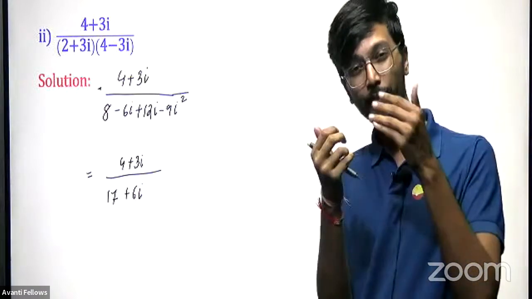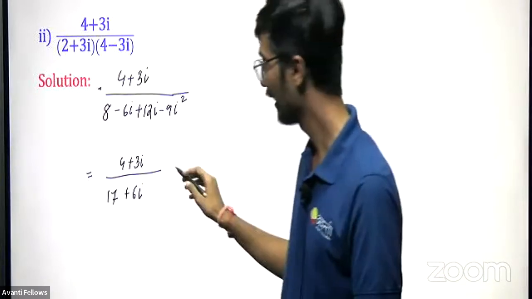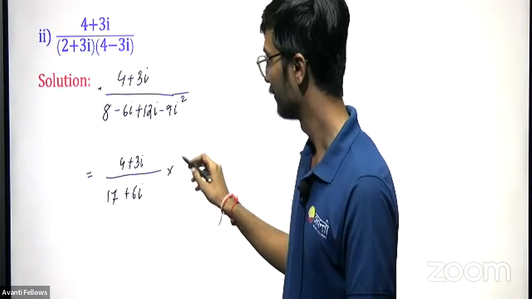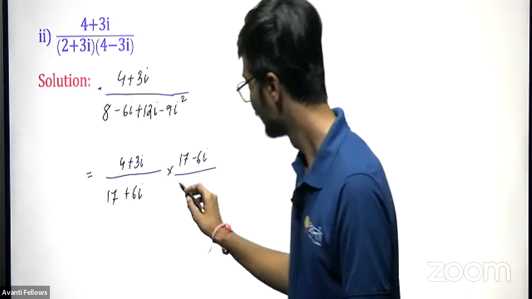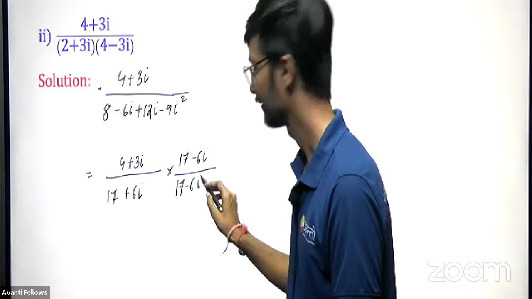Now it is a proper division. What do we do in division? We multiply and divide by the conjugate. That means I'll multiply with 17 minus 6i upon 17 minus 6i.